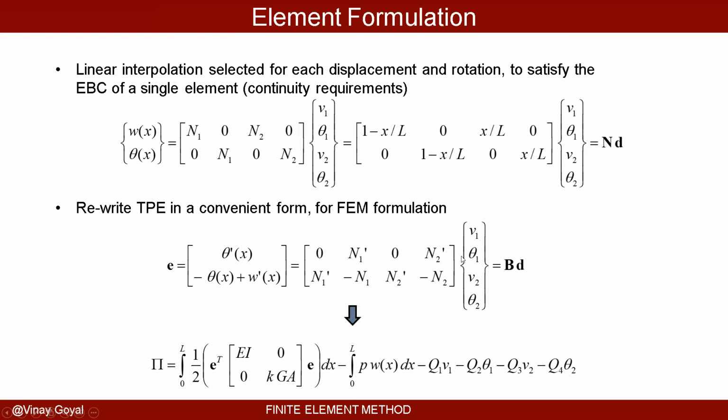So when you multiply this out times this column vector, you get what this should be in terms of shape functions. And I invite you to try it out. This becomes B bold. This column vector becomes D bold. We do that for convenience. And now I'm ready to substitute E bold into this equation.